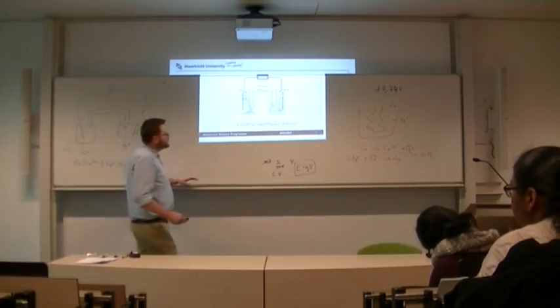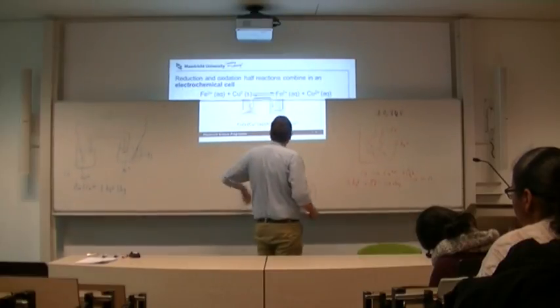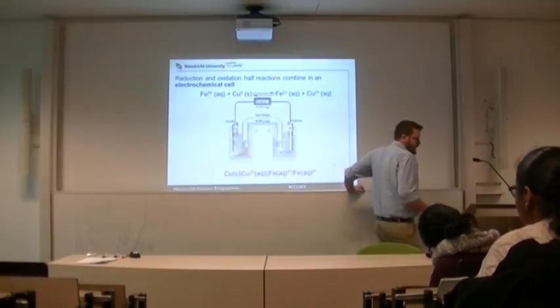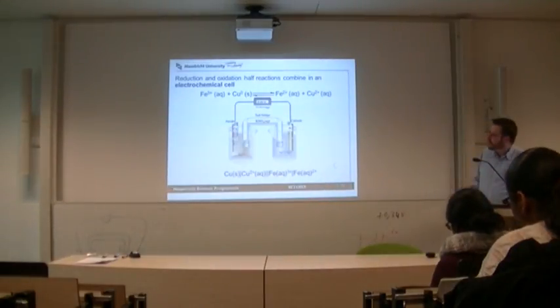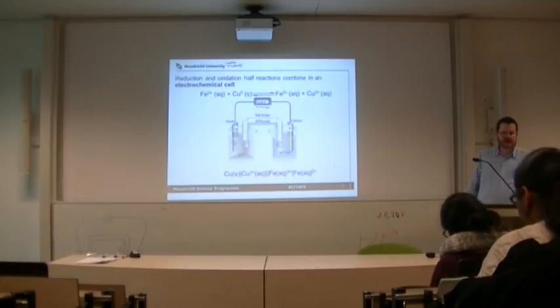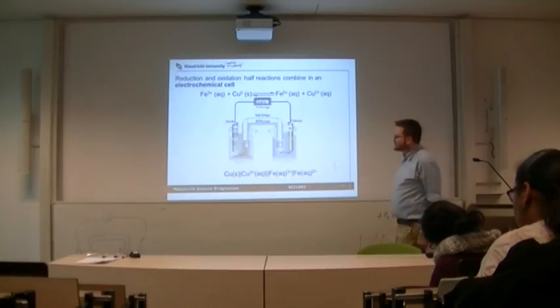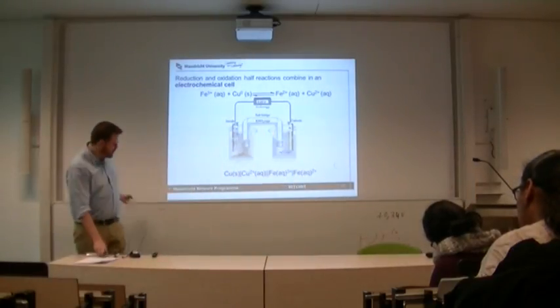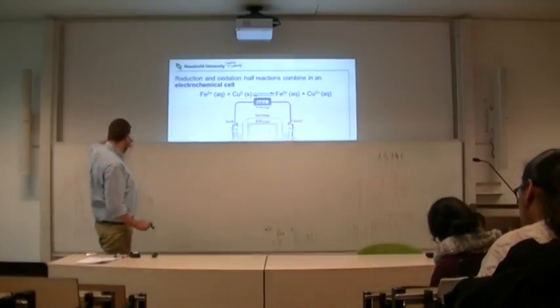All right. The next thing is the notion of an anode and a cathode. Oxidation occurs at the anode and reduction occurs at the cathode. That's a definition I want you guys to know.